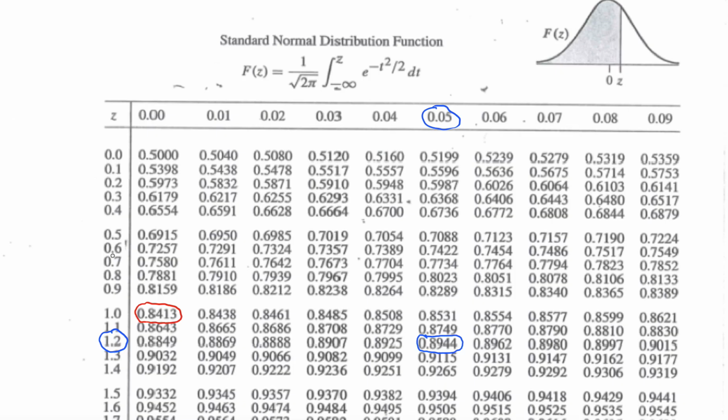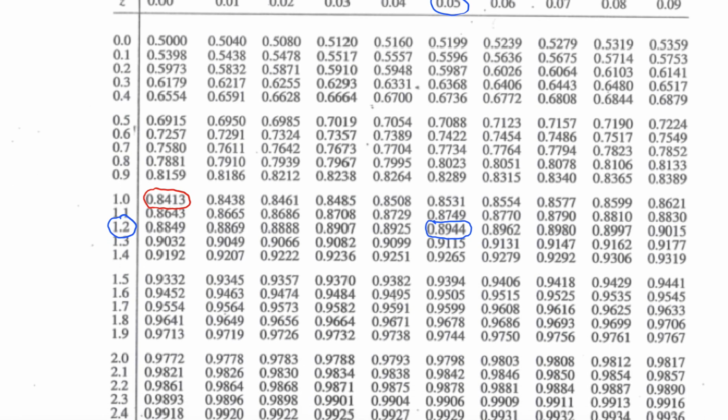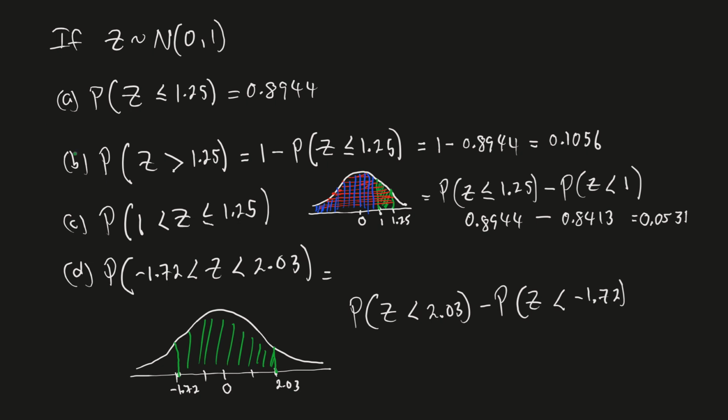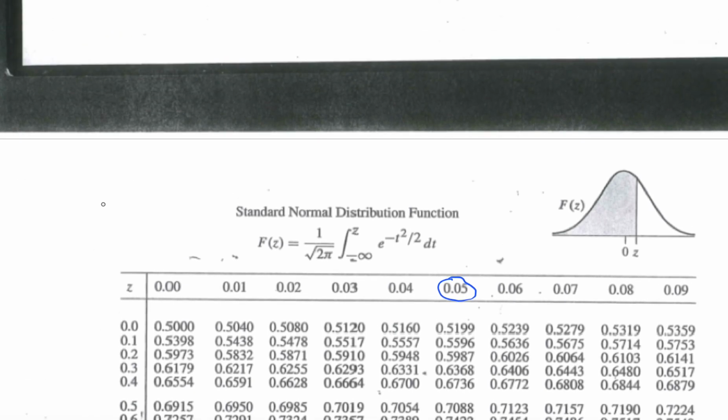We've got to scroll down some more. 2.03 is right here. So 0.9788. So this is equal to 0.9788 minus, and then let's find our -1.72. Here I have to go back up to my negative values.